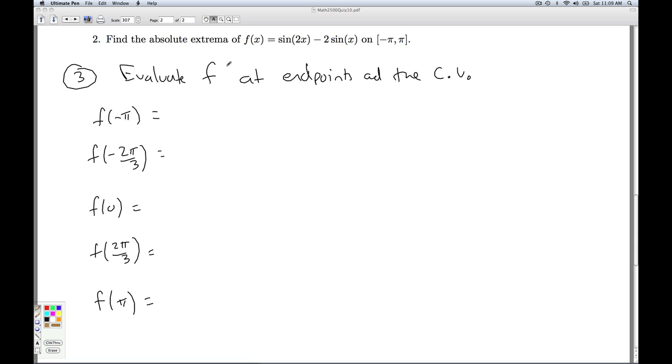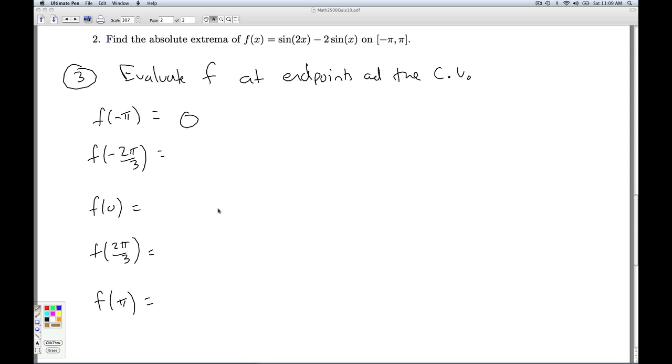So let's plug these in. Negative pi, I get the sine of negative 2 pi, minus 2 times the sine of negative pi. That gives me 0. Plug in negative 2 pi over 3. The sine of negative 4 pi over 3, minus 2 times the sine of negative 2 pi over 3.